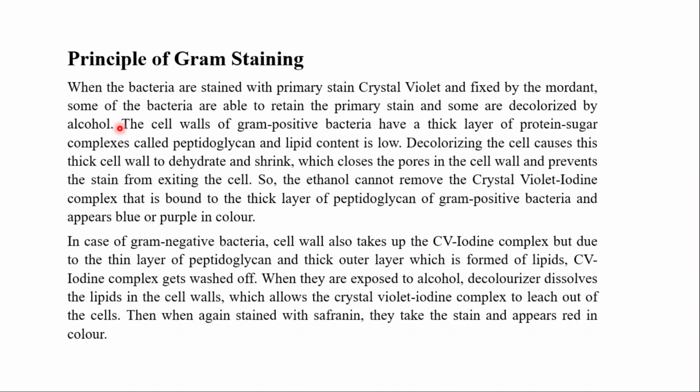How can we identify gram positive and gram negative bacteria? This is the practical for identifying them. Here two stains are used, the first is crystal violet and the second is safranin. In between these two steps, the mordant iodine is used, and 95% alcohol and distilled water are used for the procedure.